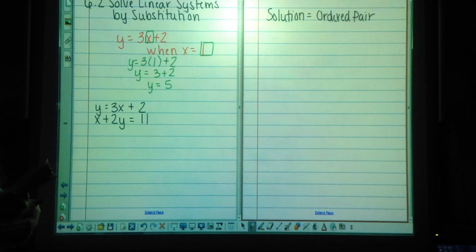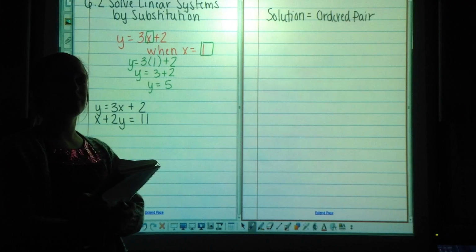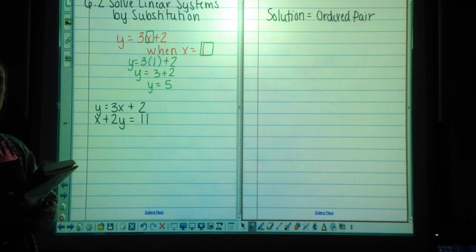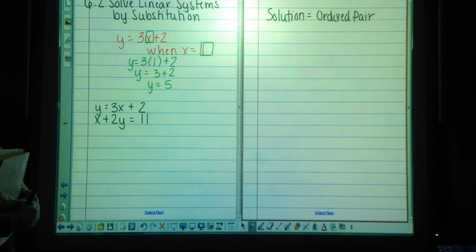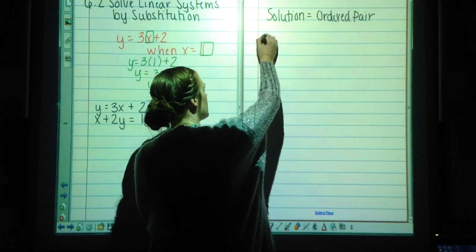So what you're going to do is make sure one of the equations has a variable by itself. So look at these two equations. The top one has a variable by itself. It has a y by itself. The bottom one doesn't have a variable by itself, but that's okay. One of the equations has to have a variable by itself. So what I'm going to do over here is say step 1.